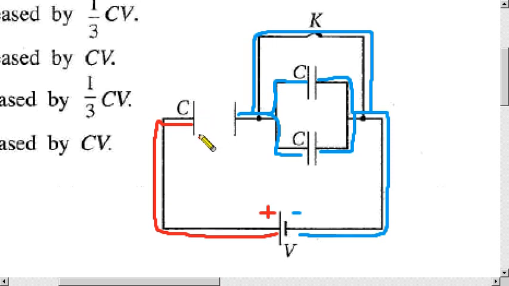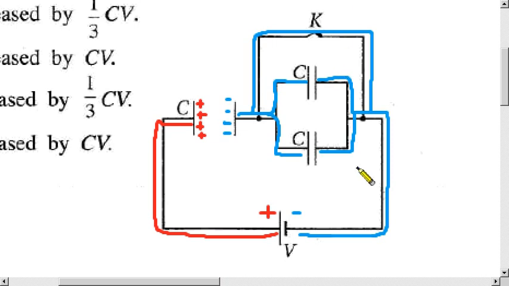So this capacitor has received both the positive and negative wires. To be charged, a capacitor must receive both positive and negative wires from the battery, otherwise it will not get charged. So no problem, this capacitor gets charged like this, because both the negative and positive supplies are there.